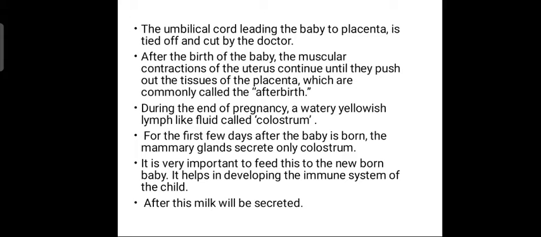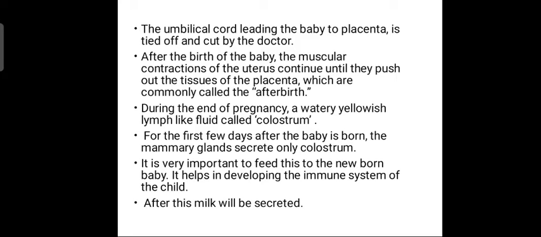Towards the end of the pregnancy, a watery, yellowish, lymph-like fluid is produced in the mammary glands of the female body. Because of the development of the progesterone hormone, this watery yellow fluid comes out, and it is called colostrum.